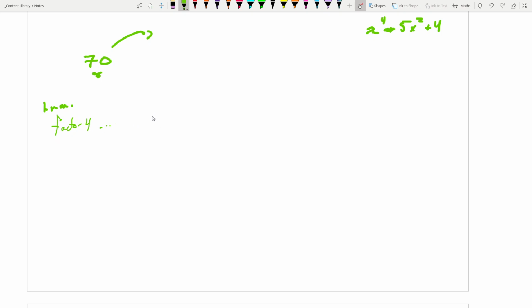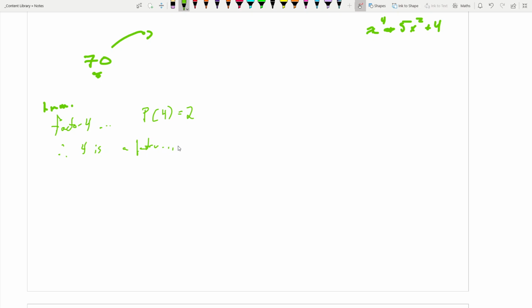So I'm going to use the factor theorem and plug 4 into my polynomial. I know this doesn't work like this, but what I see is that my remainder is 2. More importantly, it's not 0. Therefore, I can conclude that I have a remainder, so 4 is not a factor.